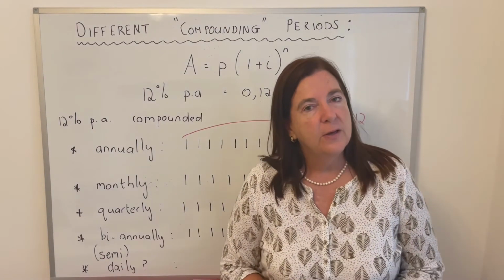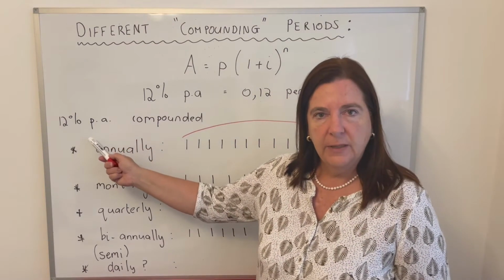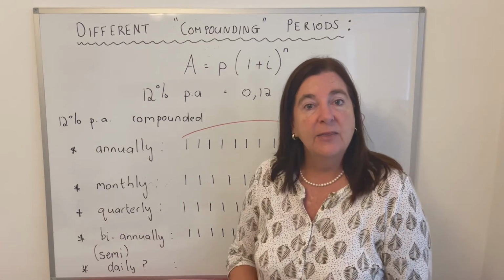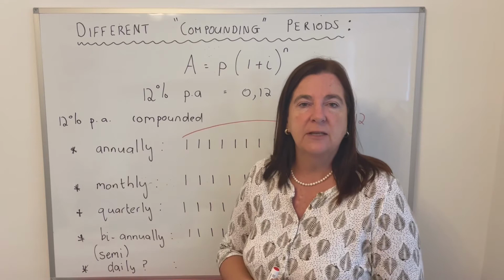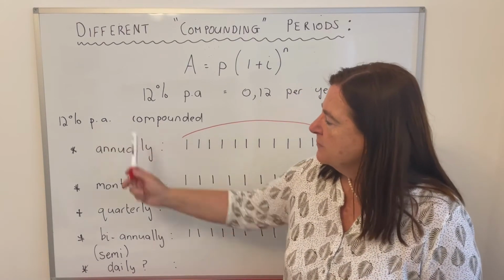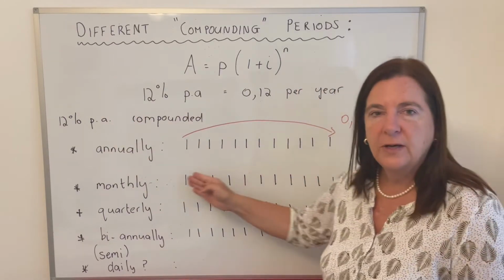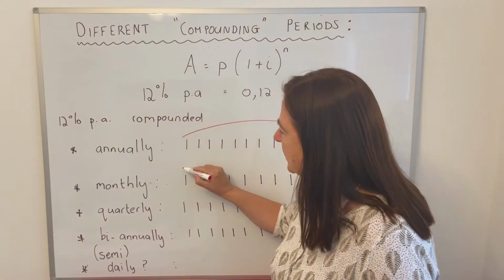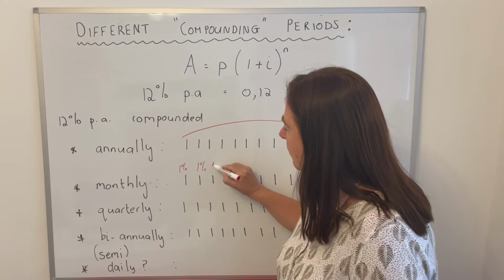Now, what if the interest rate is 12% per annum, in other words, 12% for the full year, but it's compounded monthly? In other words, that 12% is worked out at the end of every single month. Because it's per annum, that 12% has to be split over the 12 months, which essentially means we're charging 1% there, 1% there, 1% there.